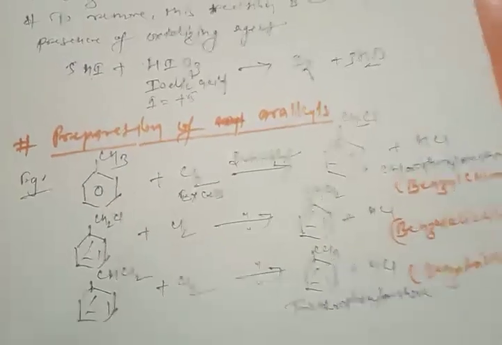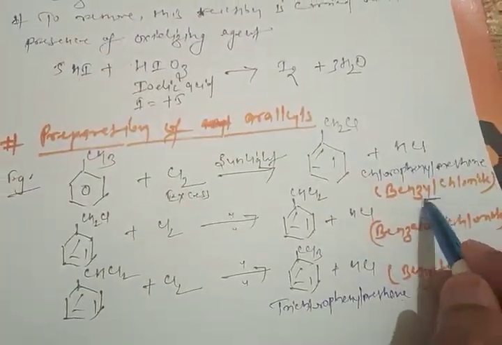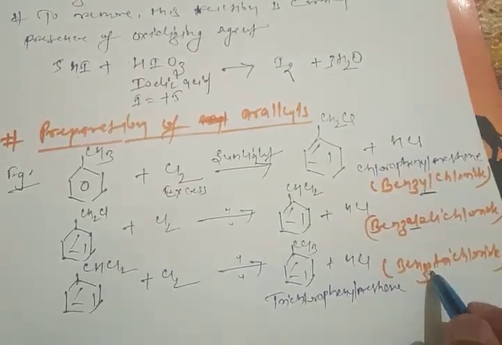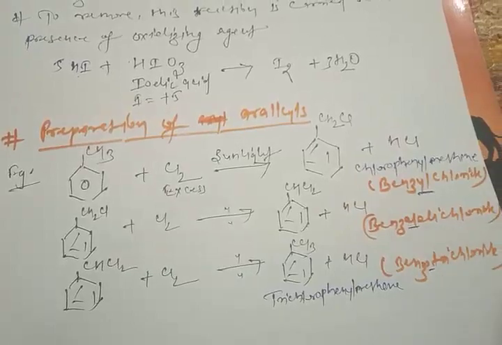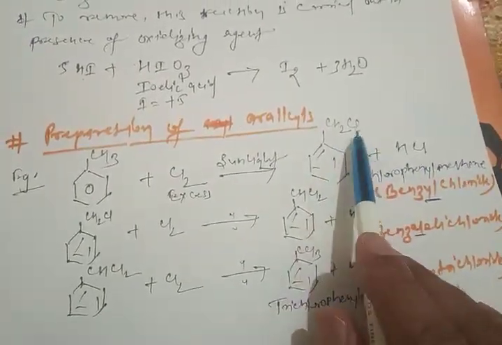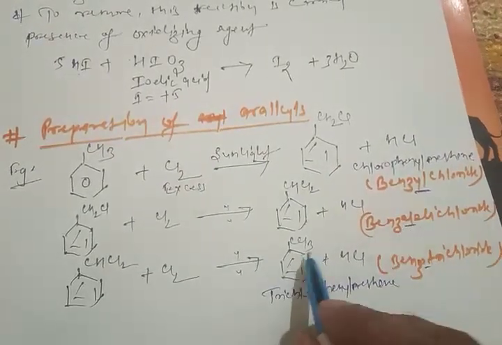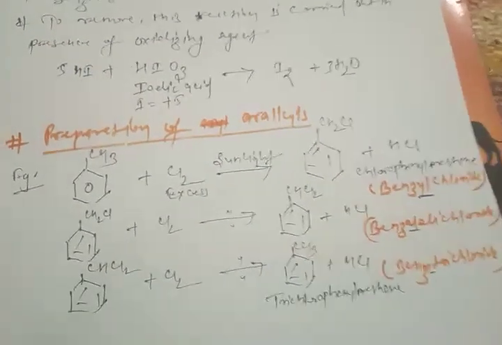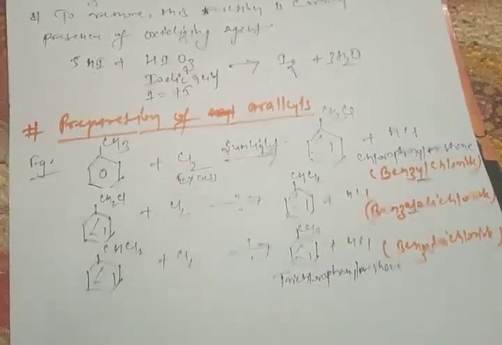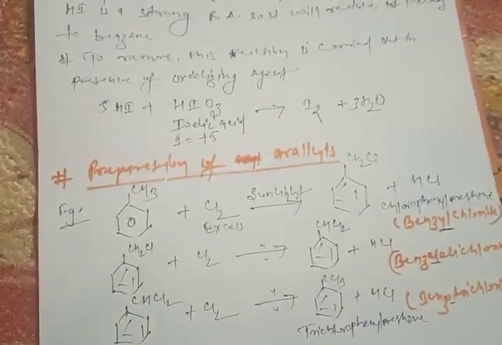So you should understand that this is benzyl, this is benzal, and this is benzo. You need to remember that one chlorine is yl, two chlorine is al, and three chlorine is benzo. So this is all for this lecture.